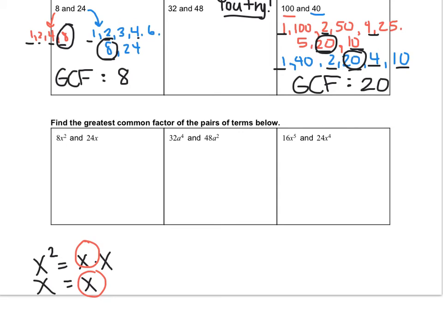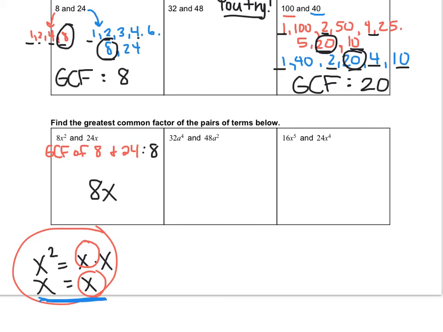So we already knew from up here that the GCF of 8 and 24, we knew that was 8. And from this bottom part down here, we can see that the GCF of x squared and x is just the 1x. Like, I can't take more x's out of it because there's only 1x in this bottom row. Like, this one kind of limits me on the bottom. I can only take the 1x out. So the GCF of 8x squared and 24x is just 8x.